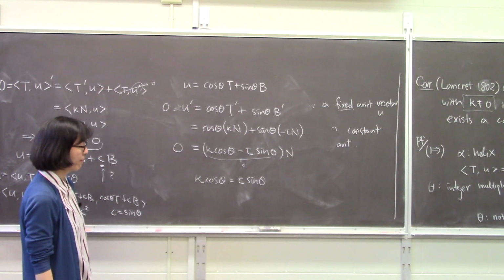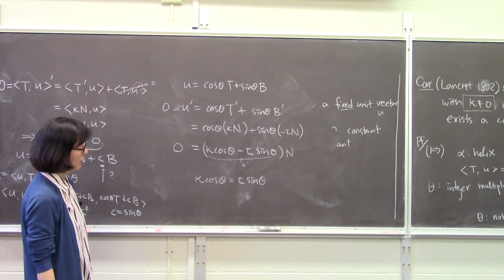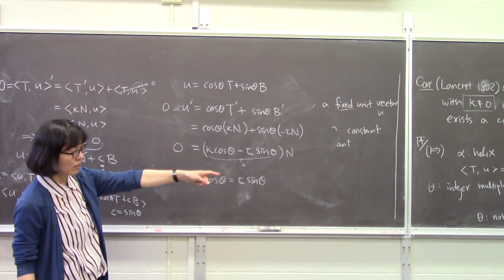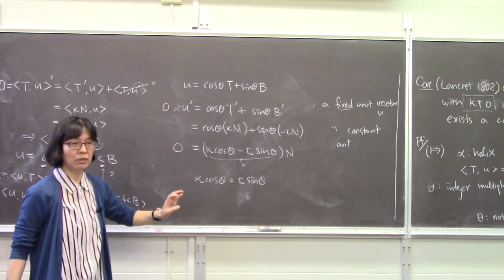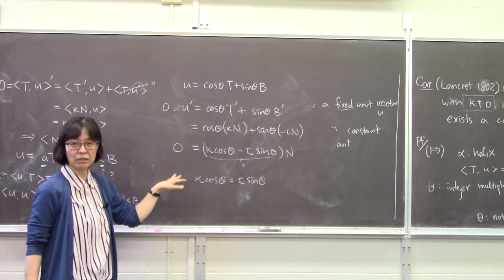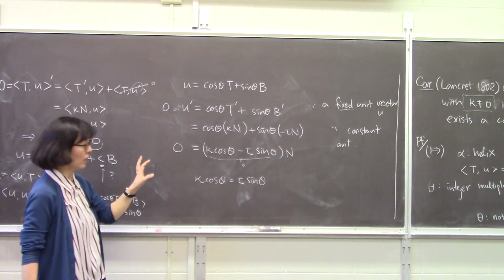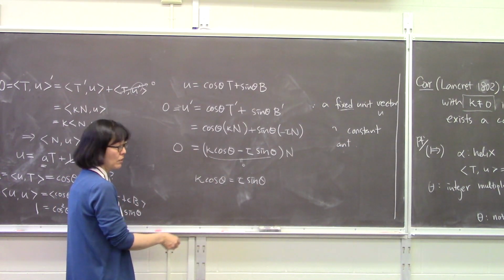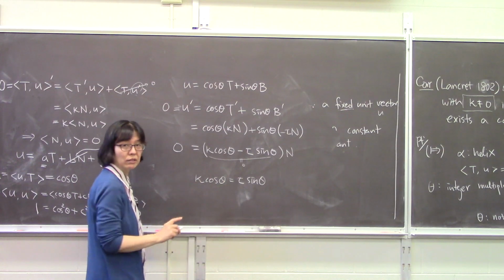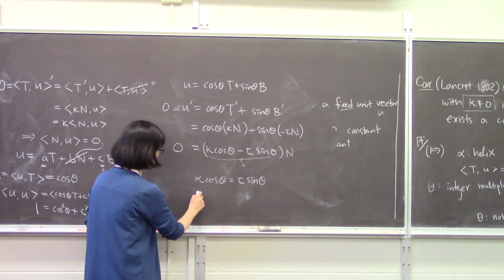Then what? Then we have a theta. The angle is not an integral multiple of pi, not pi, 2 pi, negative 2 pi. It's not that one. So we divide by sine theta, because sine theta is not 0 for those angles. So what?